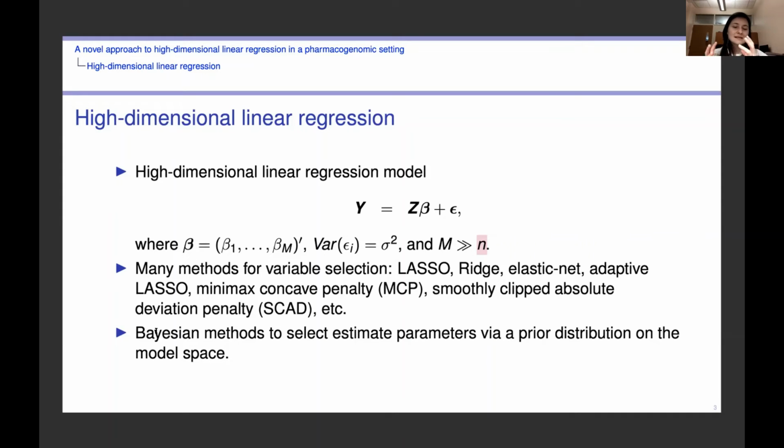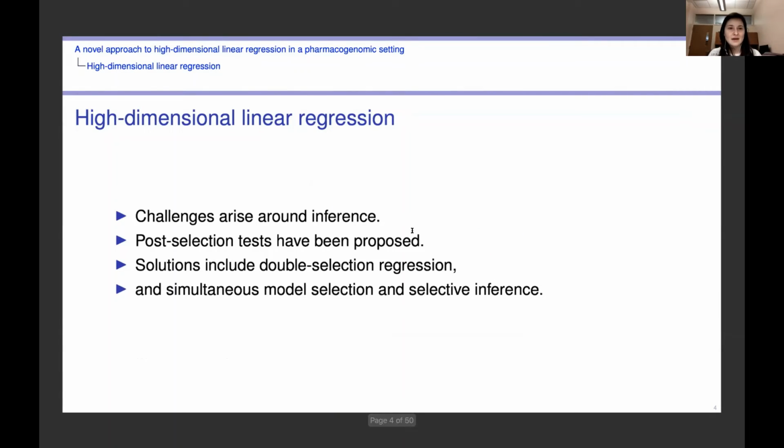And that's in the frequentist perspective. In the Bayesian perspective, the typical approach for high-dimensional regression is to put a prior distribution on the model space, meaning on whether these beta coefficients are going to be null or non-null. And that's how variable selection is being done.